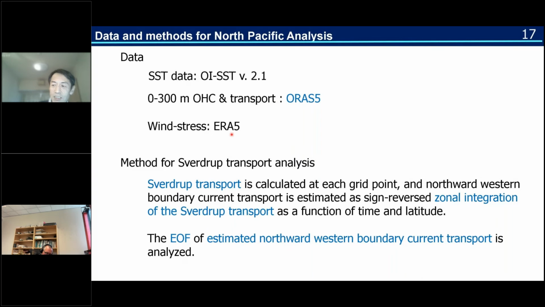In order to understand the role of the wind, I analyze the Sverdrup transport. Sverdrup transport is calculated at each grid point, and northward western boundary current transport is estimated as the sign-reversed zonal integration of the southward Sverdrup transport as a function of time and latitude. And the EOF analysis is conducted for the estimated northward western boundary current transport.